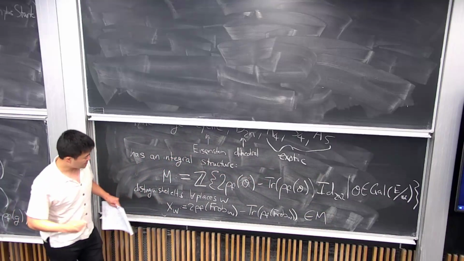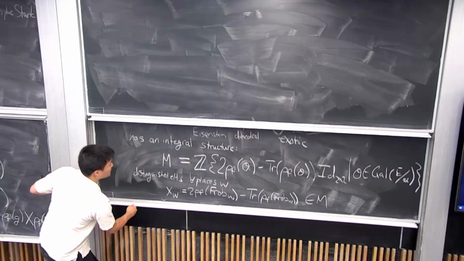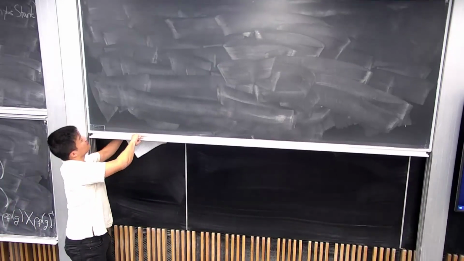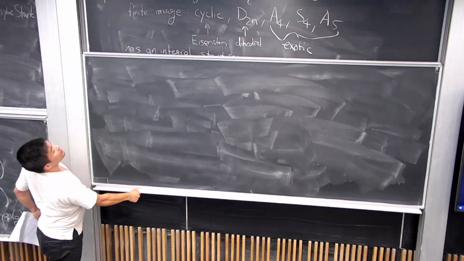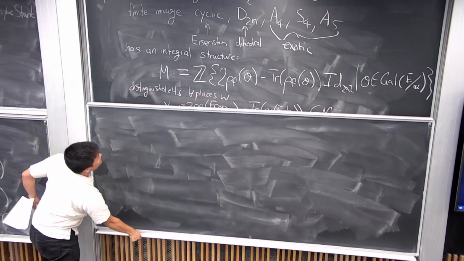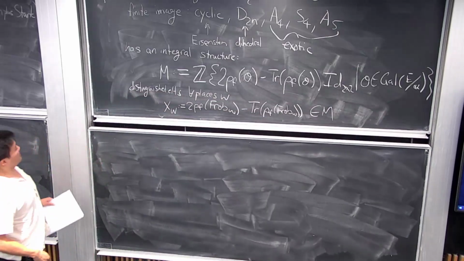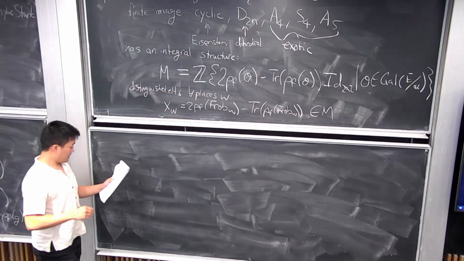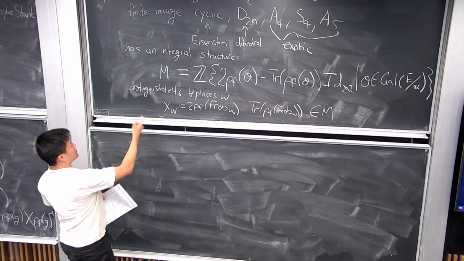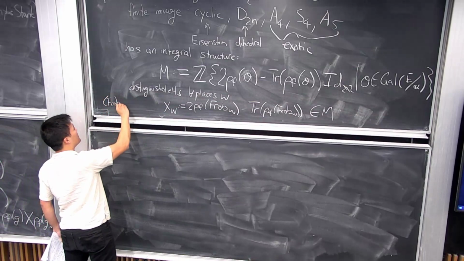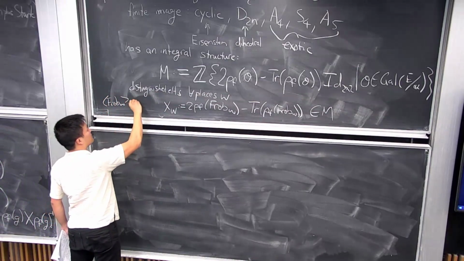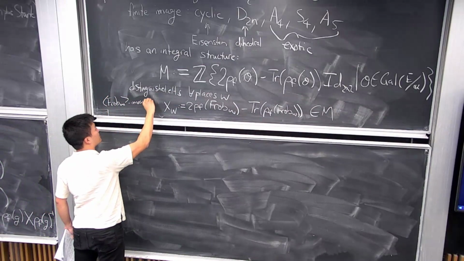Otherwise, I just need a normal Frobenius element. So for every place, I have some fixed element of my representation vector space. And in particular, this is a decomposition group invariant element. I'll use this in a second.